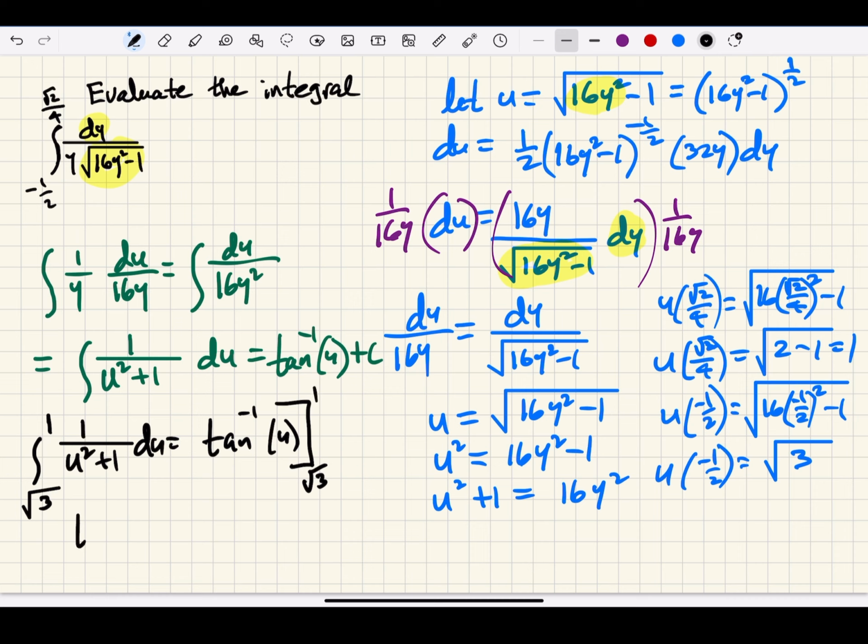So what we have here then is the inverse tangent of 1 minus the inverse tangent of the square root of 3.